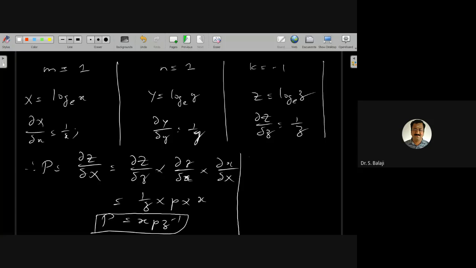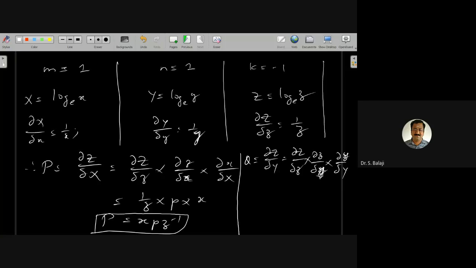Similarly, capital Q is ∂Z/∂Y, which is ∂z/∂y times ∂y/∂Y, because you are moving for y.